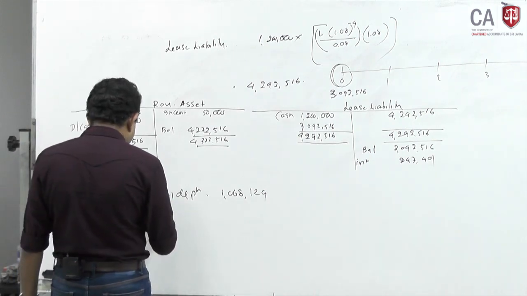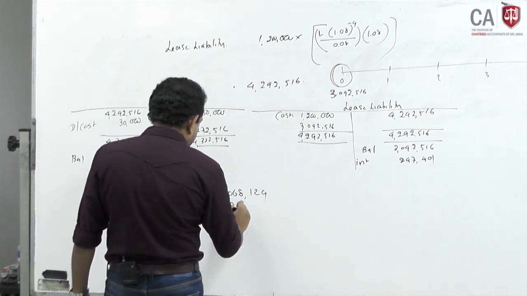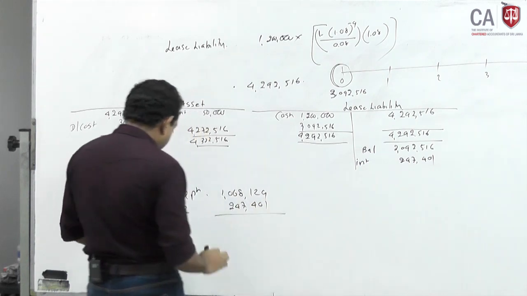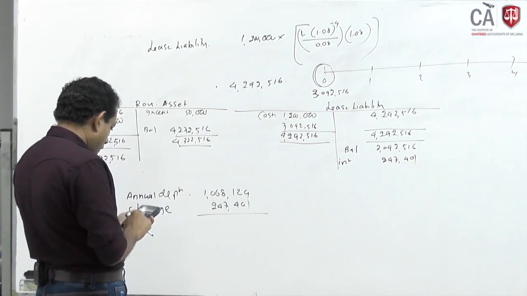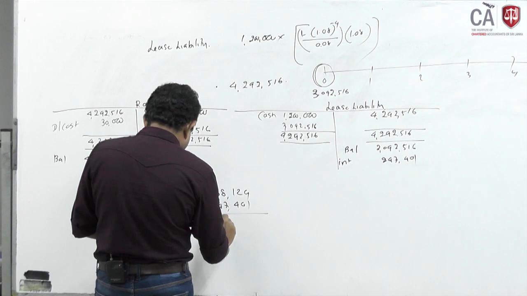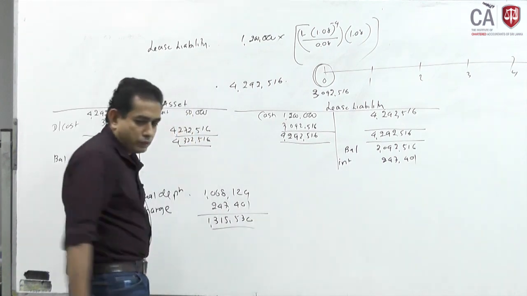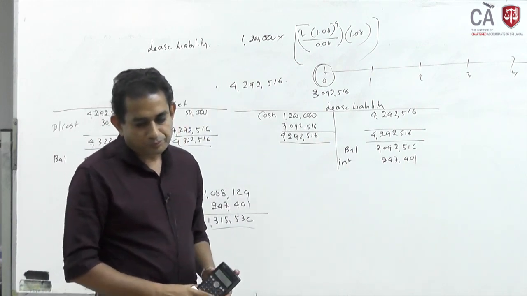So, for the first year, what is the total impact on the profitability? Depreciation plus the finance charge. Finance charge 247,401. Total impact to the profits in the first year will be 1,315,530.